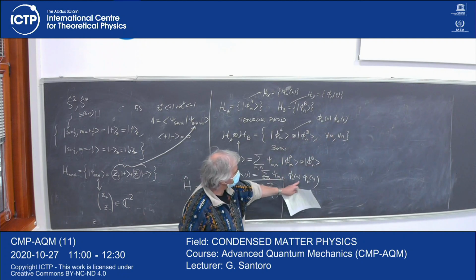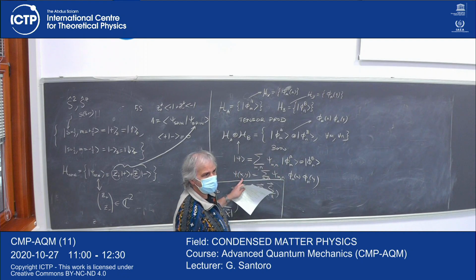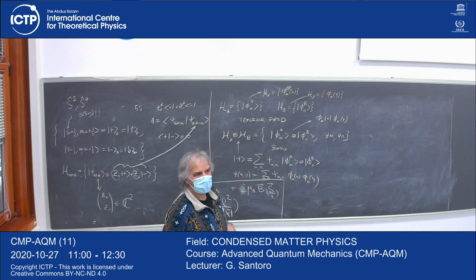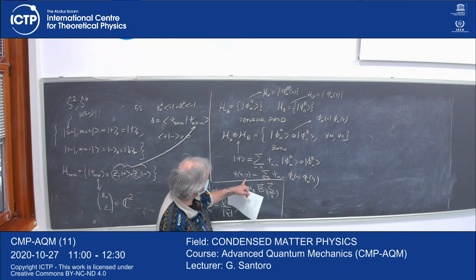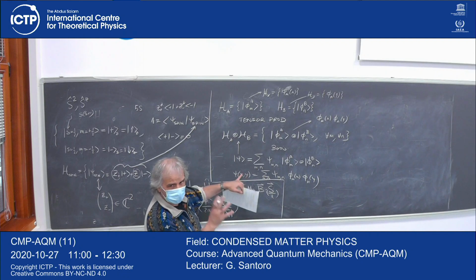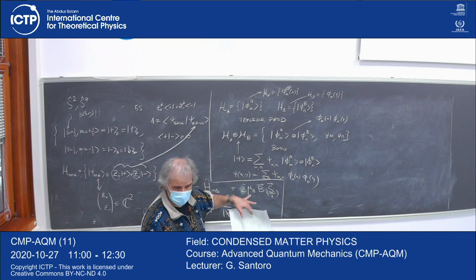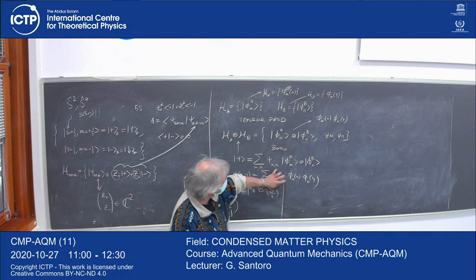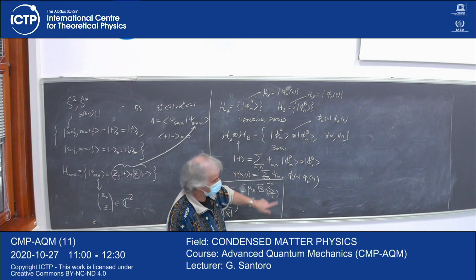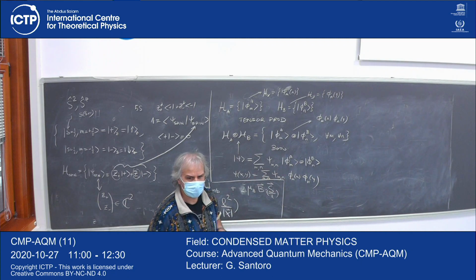But is any function like this factorized as well? You realize what I mean by factorized function, right? A function of x and y is factorized if it is a product of a function of x times a function of y. Do you think that this object is factorized? The single object is factorized. Yes. But what about this object? Is it factorized or not?